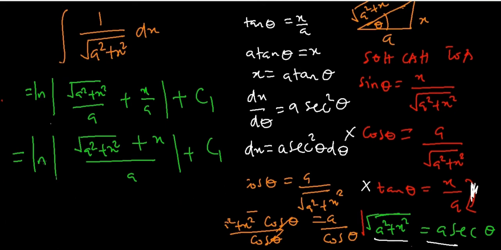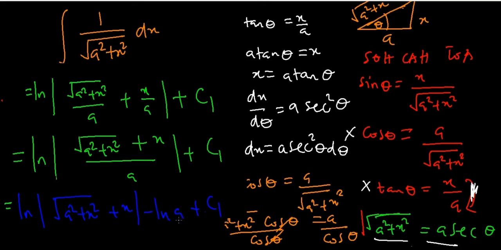So now I have something like this. This is equal to the ln of the root of a squared plus x squared plus x, minus the ln of a, plus C1.